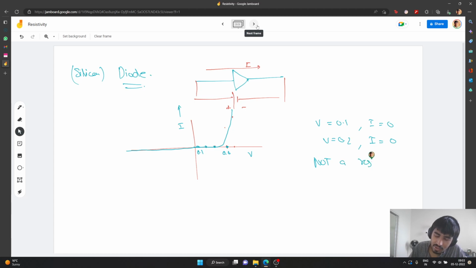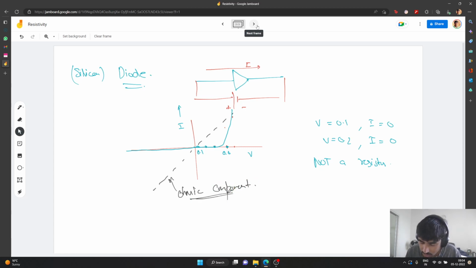Or what we can say is, if it follows a straight line, we can say that it is an ohmic component, if it has a straight line graph. Does this have a straight line graph? No, it does not. So it is not an ohmic component.